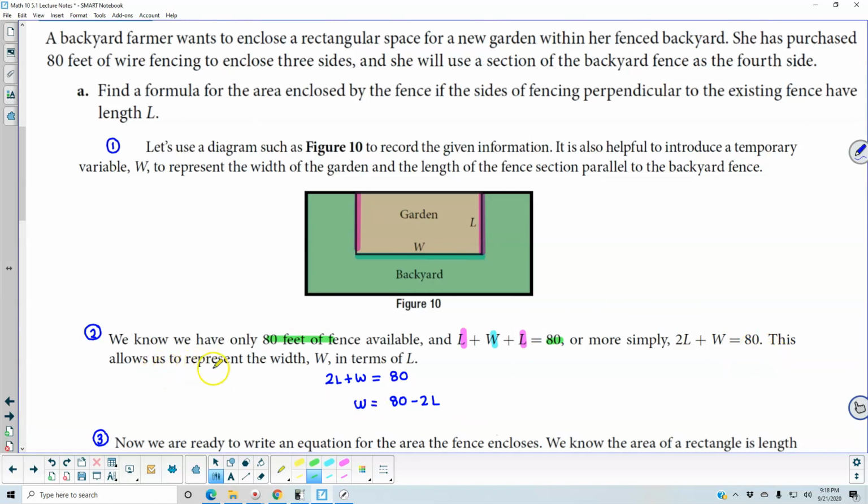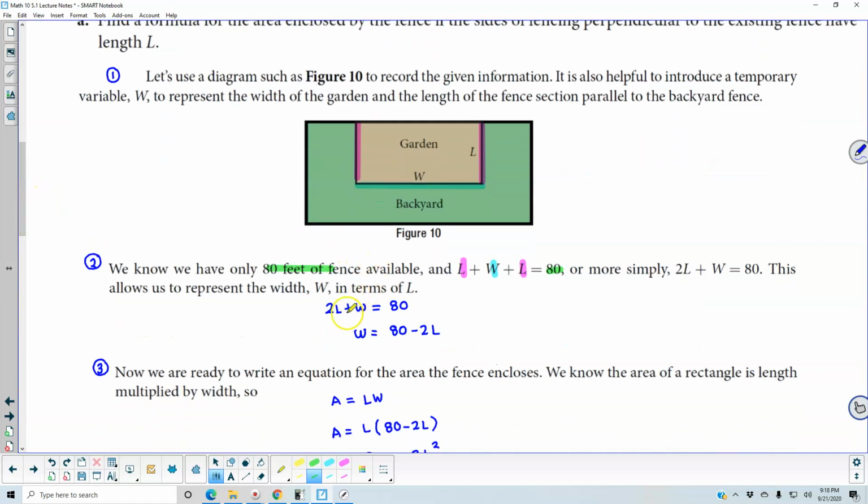So this allows us to represent the width W in terms of L. If we write our formula 2L + W = 80, we can solve for W by subtracting 2L from both sides. So now we know that W is equal to 80 - 2L. Now the reason why we do that is because of the following.